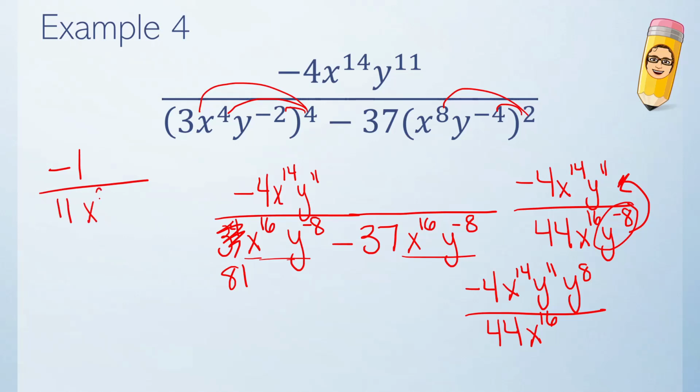I'll get x squared down at the bottom because x to the 14th minus x to the 16th, because you're subtracting. 14 minus 16 is a negative 2, and then that would have to move down to the bottom. Also, 16 minus 14 is 2. There was more in the denominator, so it's down there. And then I got to combine my y's, so that would be y to the 19th for an answer.